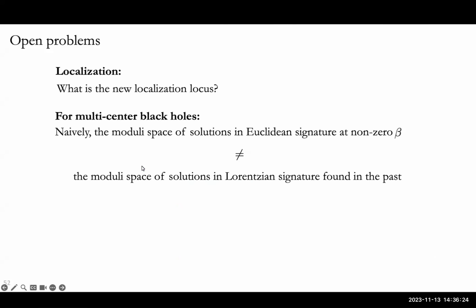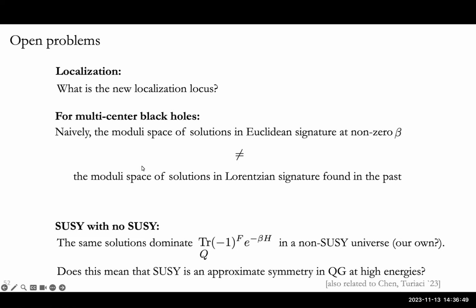And naively, it seems that the moduli space that we get for the solutions in Euclidean signature at non-zero beta seems to be different than the moduli space of solutions in Lorentzian signature that people found in the past. And the question is, even though the moduli spaces might be different, do the volumes of these two moduli spaces still agree? And that requires a pretty subtle computation.